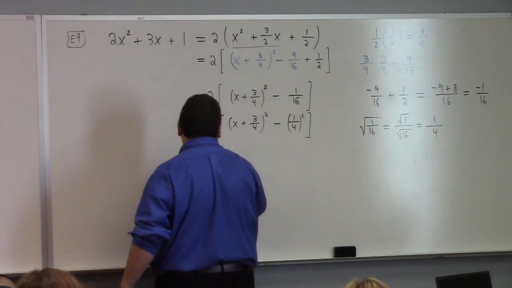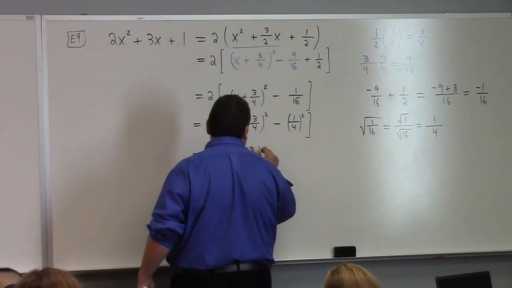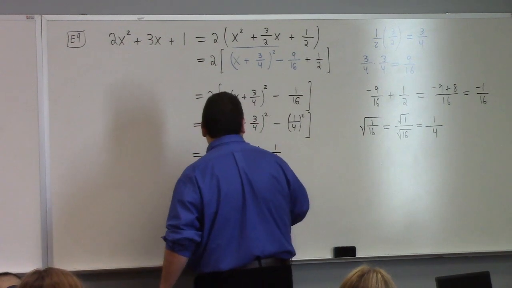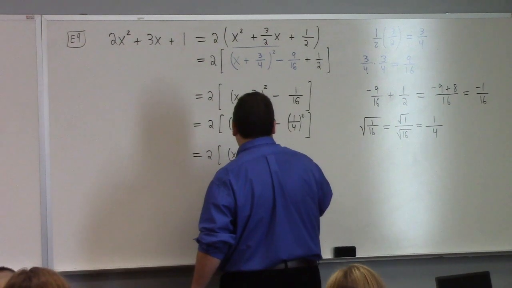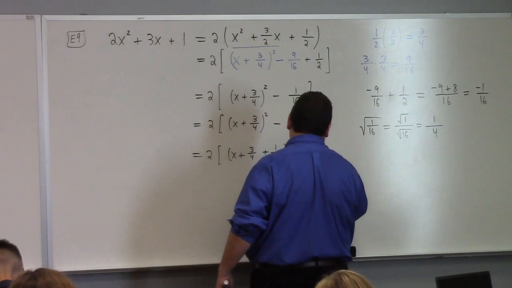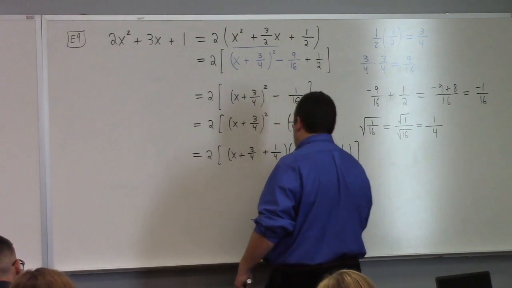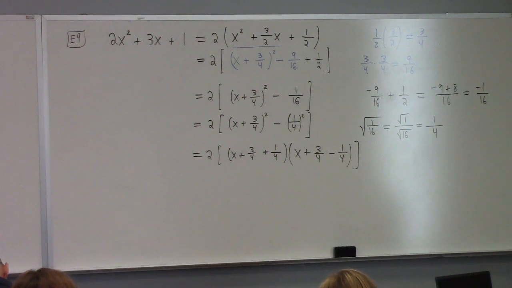All right, so this is 2 times x plus 3/4 plus 1/4 times x plus 3/4 minus 1/4. So again, I'm using the difference of squares.